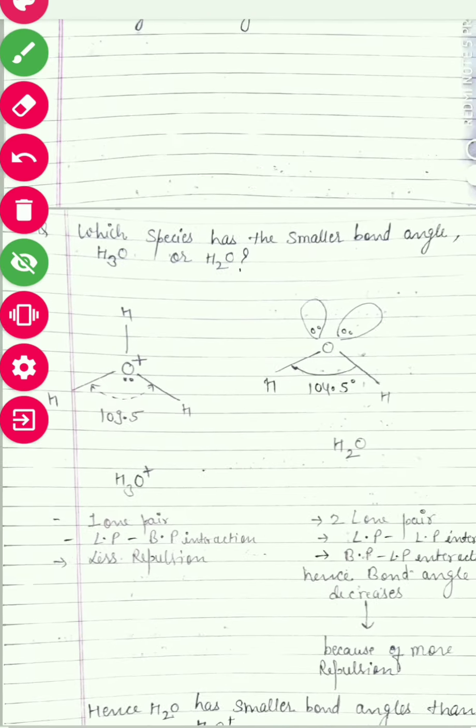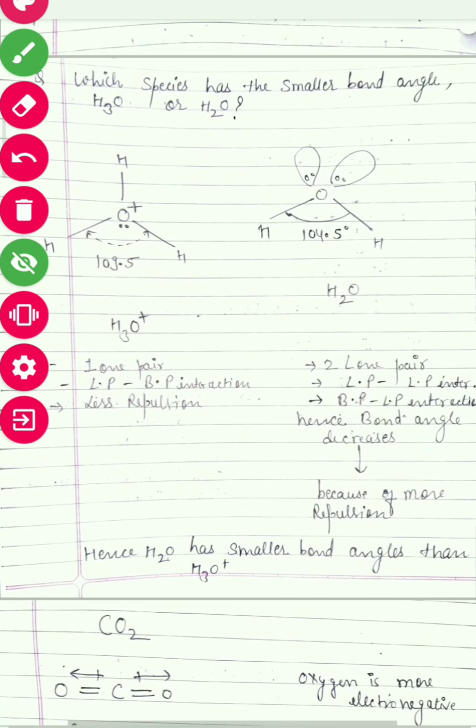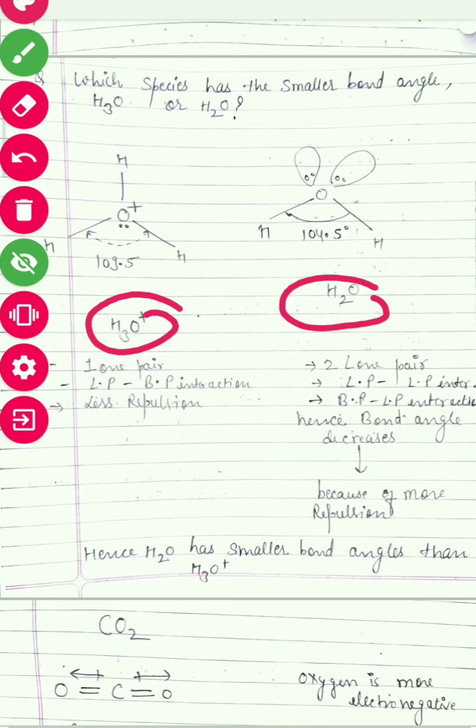Now in the second question, we have to find out which species has a smaller bond angle, H3O plus or H2O. If we draw the structures of these two species, we can see that H3O plus has one lone pair, while the water molecule has two lone pairs.